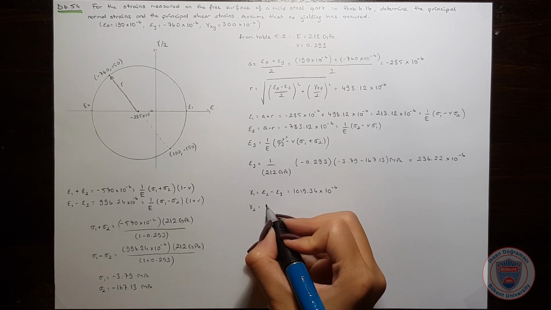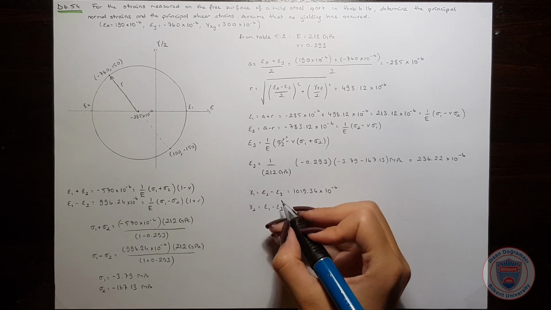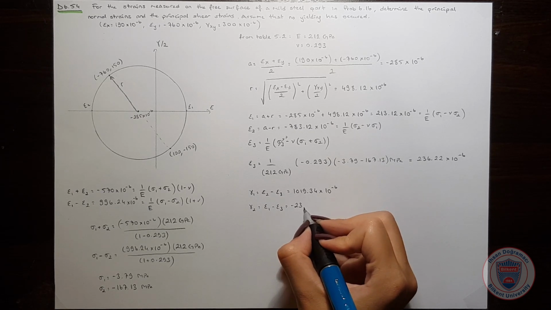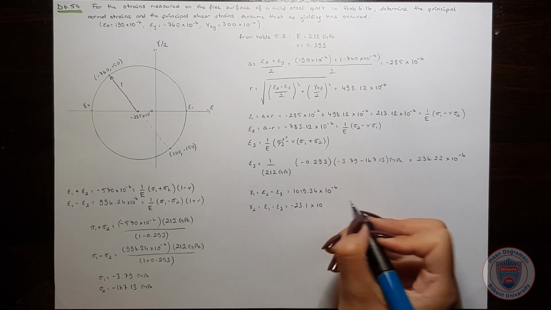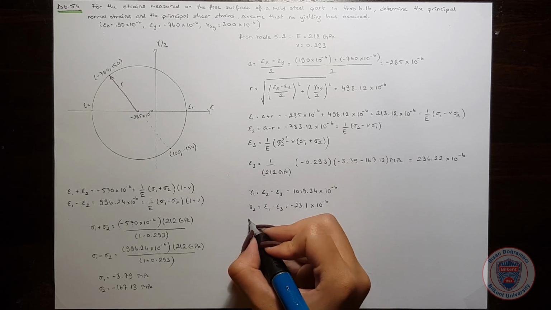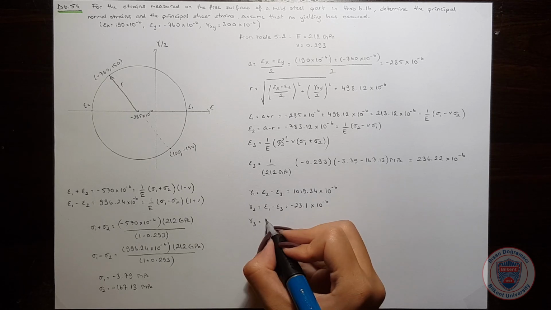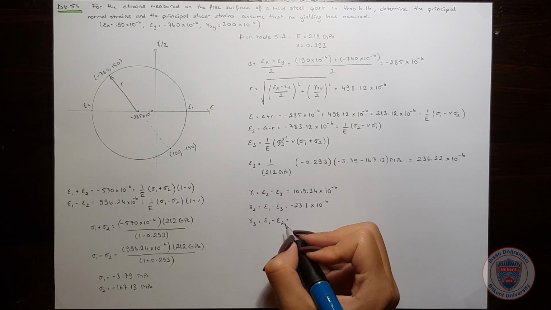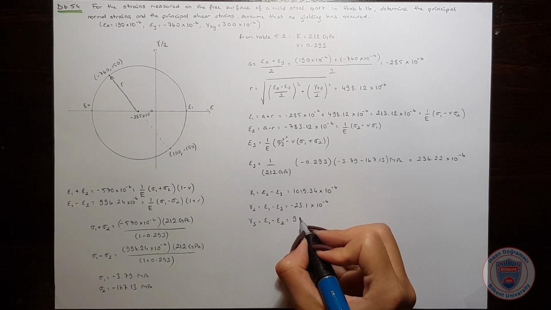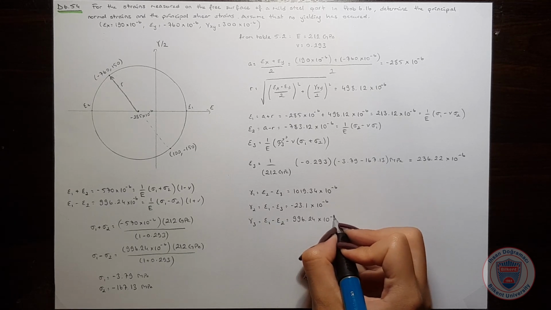Gamma 2 will be epsilon 1 minus epsilon 3, and it is minus 23.1 times 10 to the power of minus 6. And finally, gamma 3 will be epsilon 1 minus epsilon 2, and it is 996.24 times 10 to the power of minus 6.